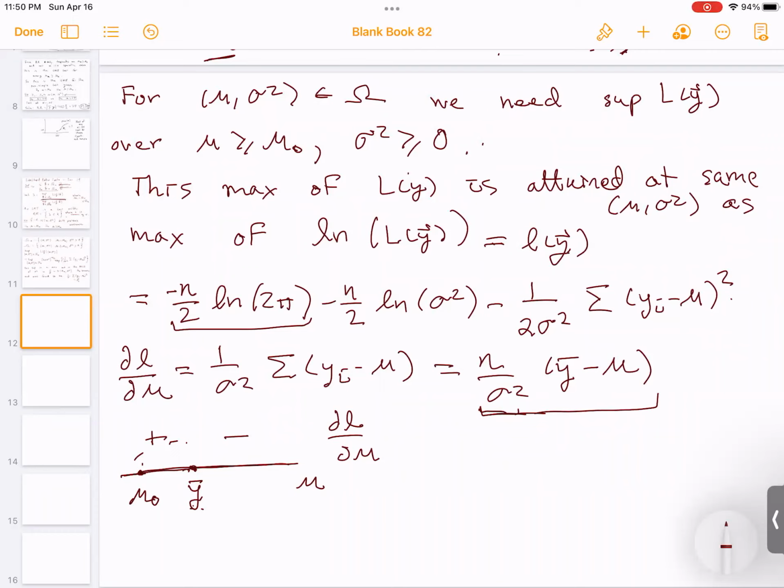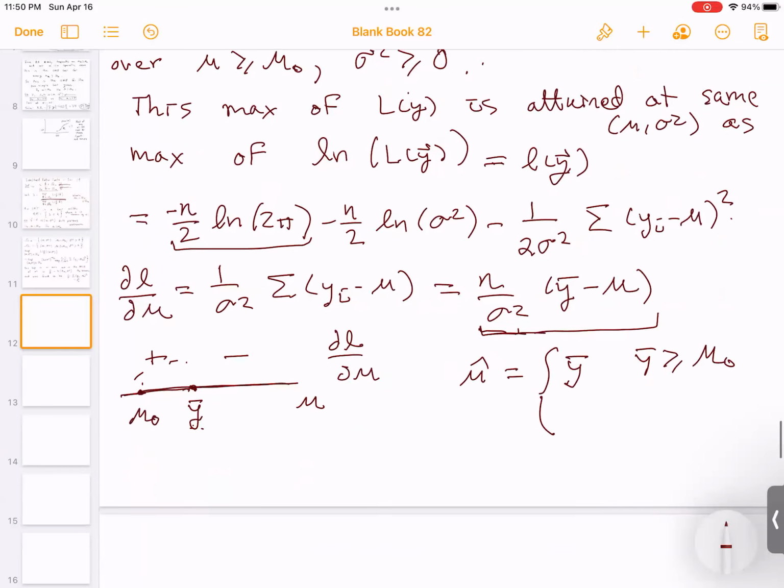For y bar bigger than mu 0, we can say mu hat is going to be equal to y bar. This will maximize the likelihood.